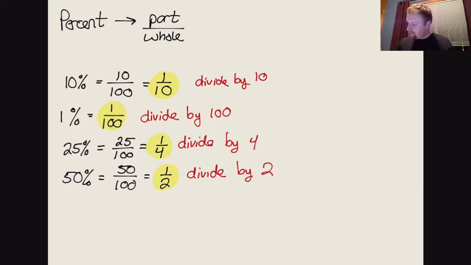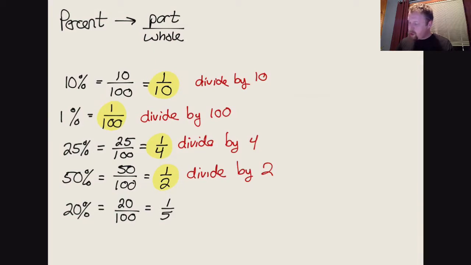I guess I should include one more number in this list, and that would be 20%, which when we break it down into a fraction is 20 over 100. Any percent can be written over 100. When you simplify that, it's 1/5.